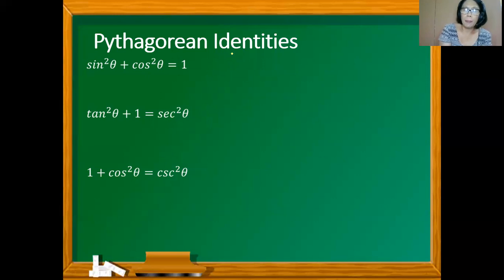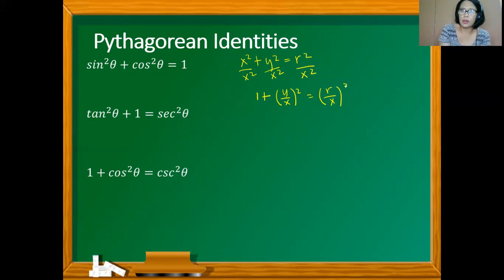we know that from the Pythagorean formula, we have x squared plus y squared equals r squared. If we're going to divide each of these terms by x squared, so we get 1 plus y all over x squared equals quantity r all over x squared.